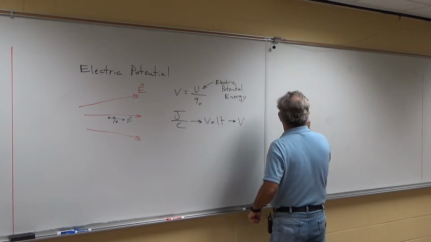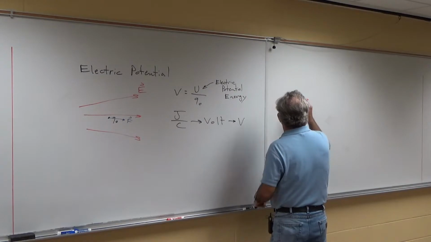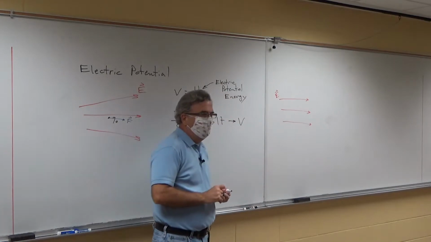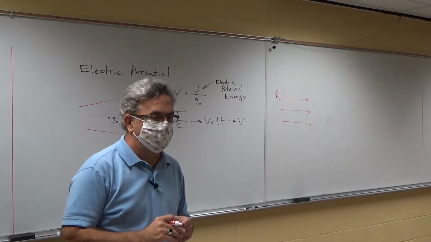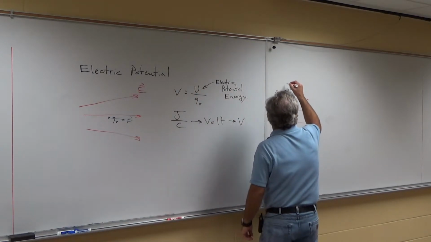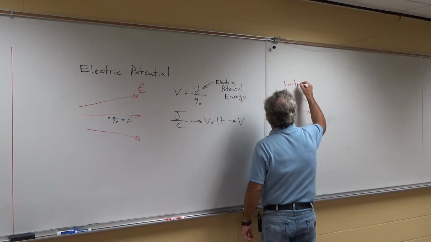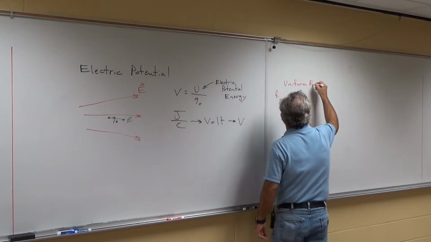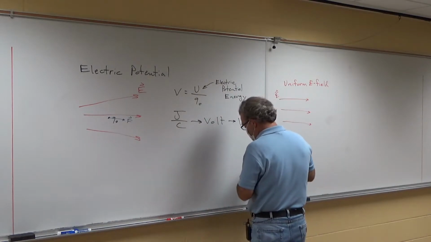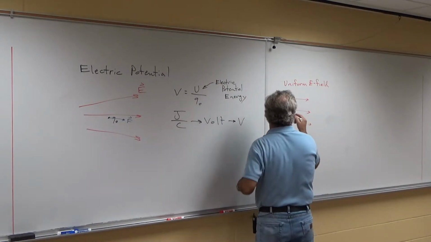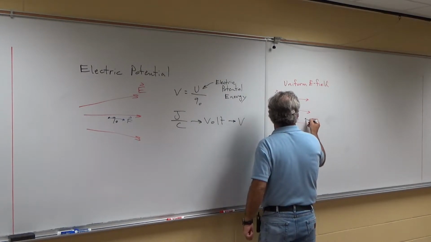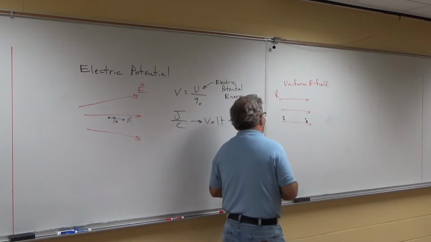Here's E. When I say uniform, I mean constant magnitude and constant direction everywhere. And you move between two points. Here's point A, and here is point B.